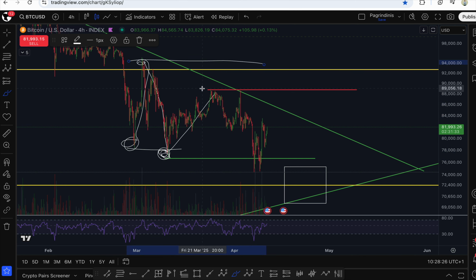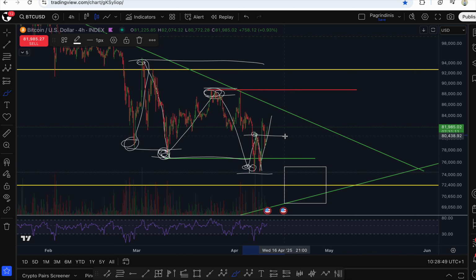We failed 618 level. Sellers still in control. We took the lows again, yeah. Sellers in control. Up again, bulls trying to take over. The bears said no, but they couldn't take the lows, and we changed this market structure.